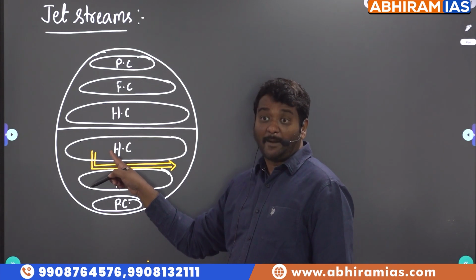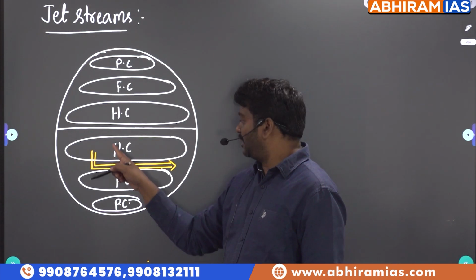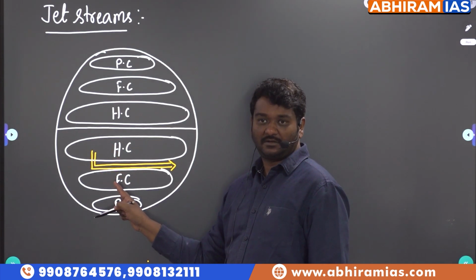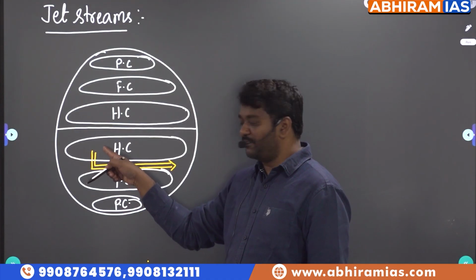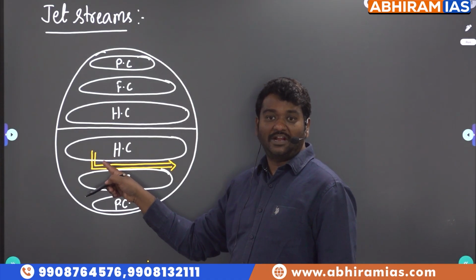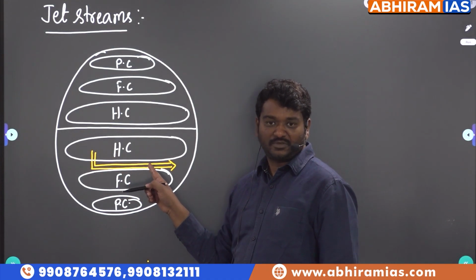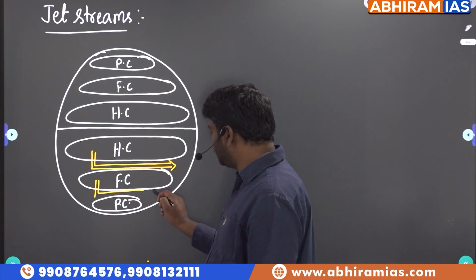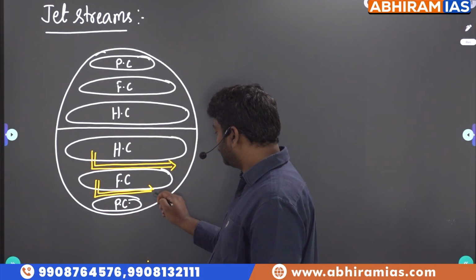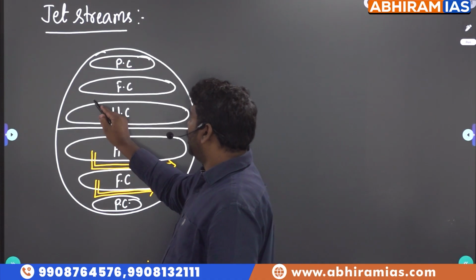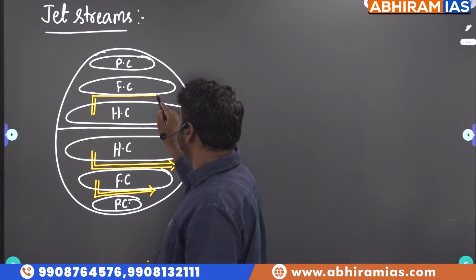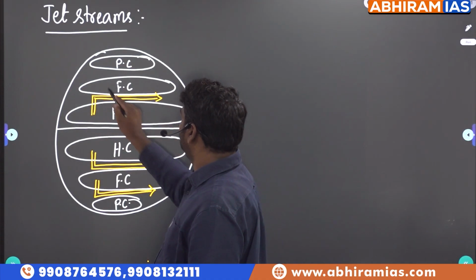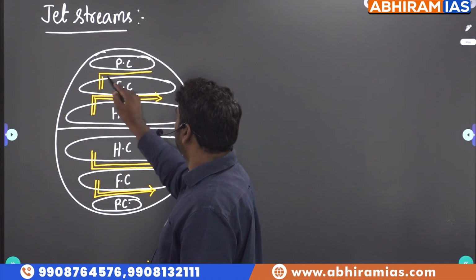Wind blows from upper air, wind blows from Hadley cell to Ferrel cell. But when it is coming, it will turn to the left in the southern hemisphere. Same way here, it turns to the left. Northern hemisphere, it turns to the right.